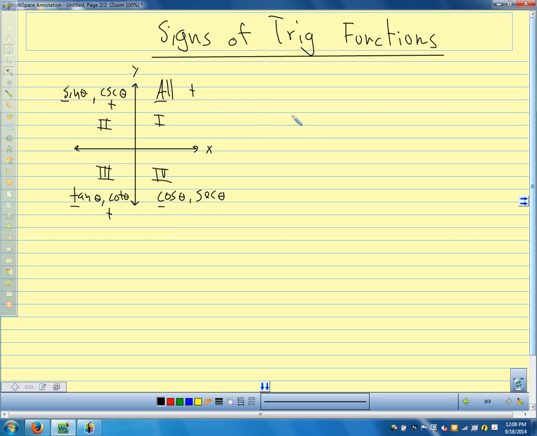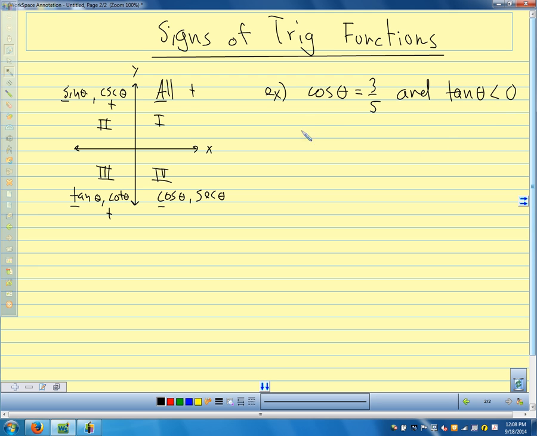So the kind of question that you might see that has to do with your quadrants. The question would say something like, cosine theta is 3/5 and tangent theta is less than 0.